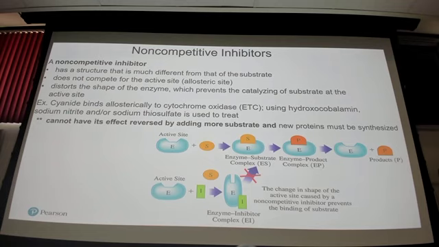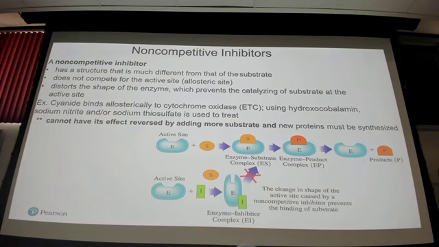Yes. Just wondering, how would adding more substrate reverse the effect? I have an analogy, musical chairs, that I use in the slide. The overload of the competitive inhibitor is competing with the natural substrate.